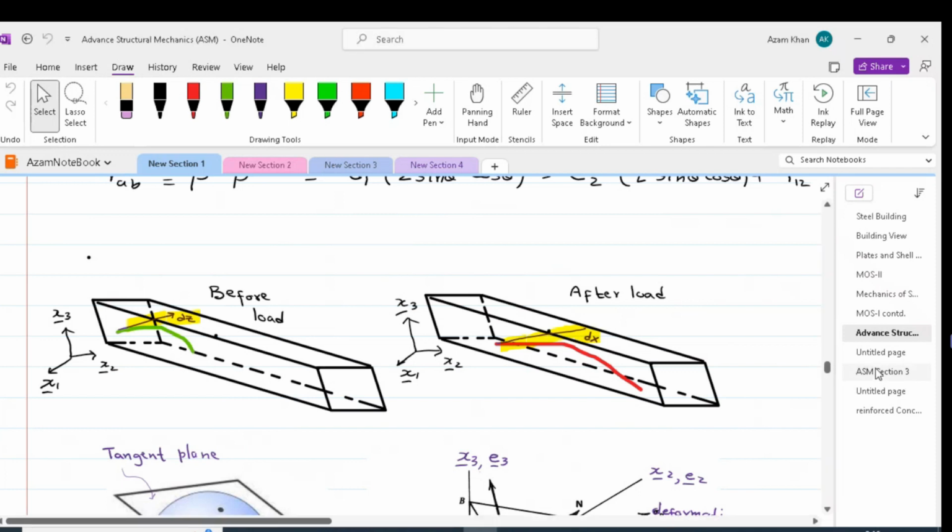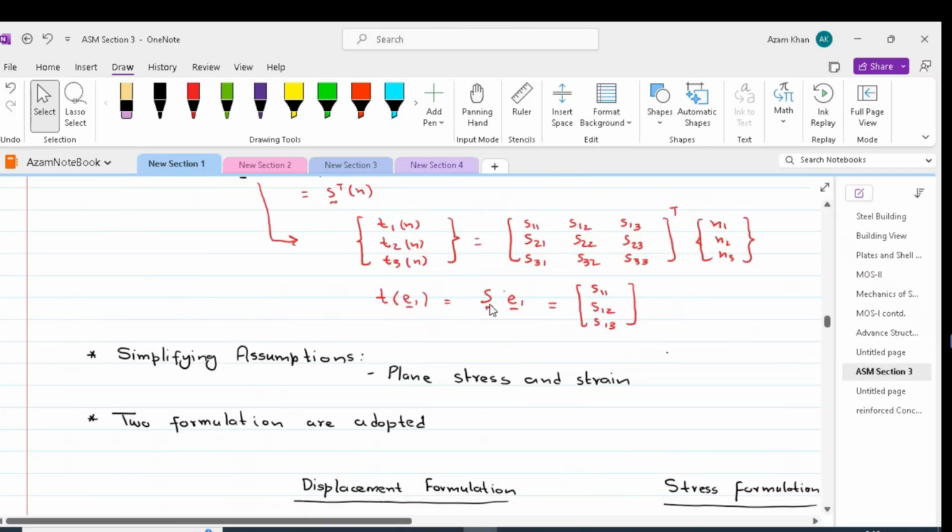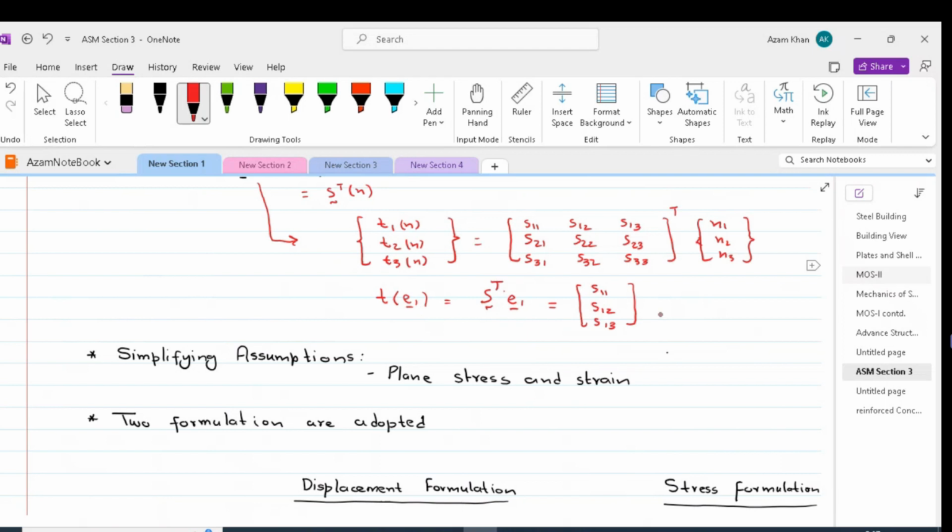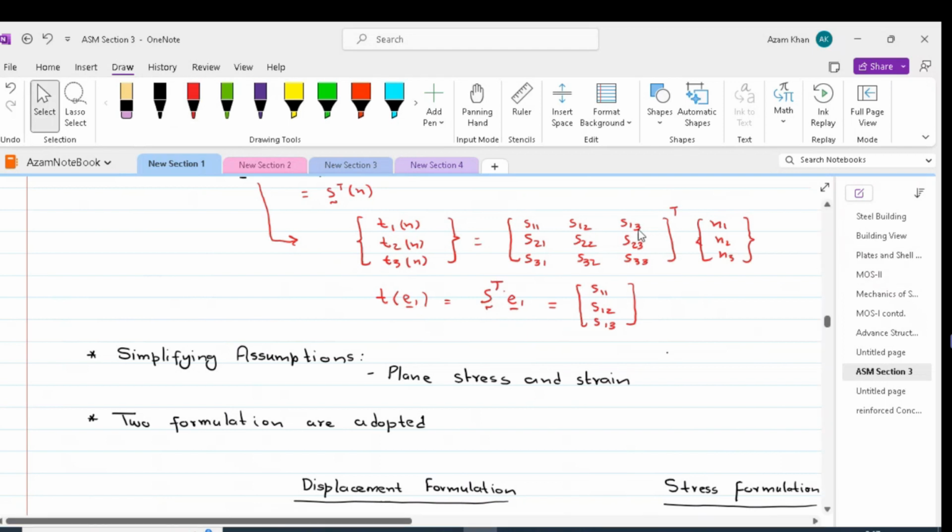If we multiply 1, 0, 0 with this stress tensor, we would get S11, S12, S13, all the forces per unit area corresponding to the outward drawn normal 1. The first subscript is for the outward drawn normal as per our convention. Please note that S is equal to S transpose, so it doesn't matter whether we write S or S transpose.